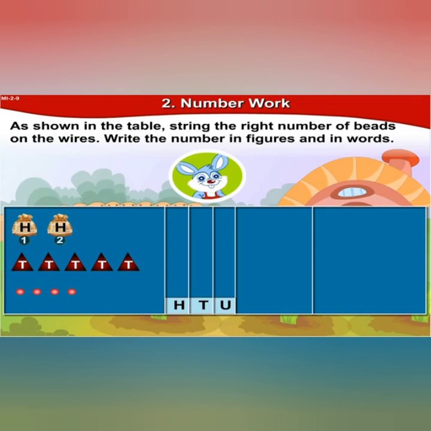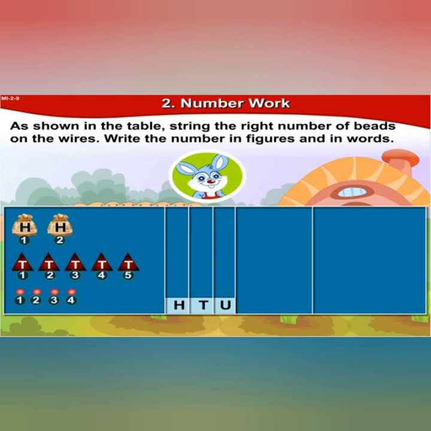Now let us see the tens. 1, 2, 3, 4, 5 tens. And how many stray beads? 1, 2, 3, 4. 4, which means 4 ones.